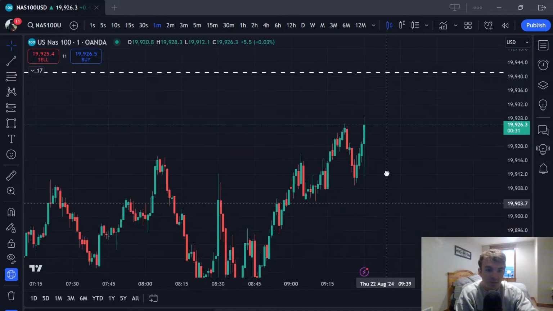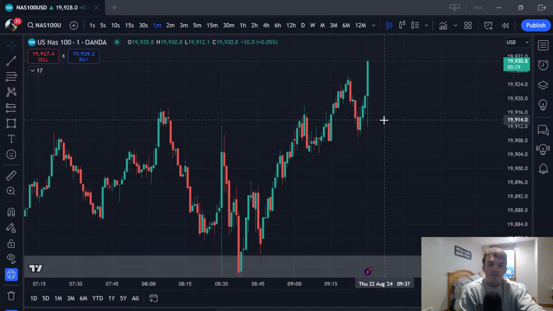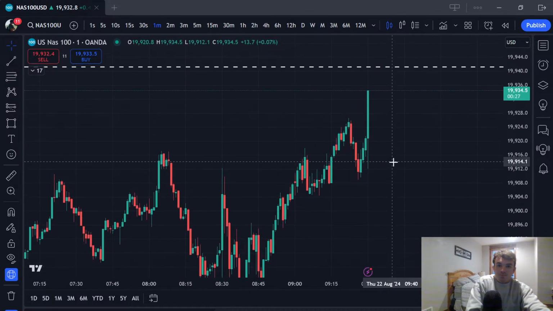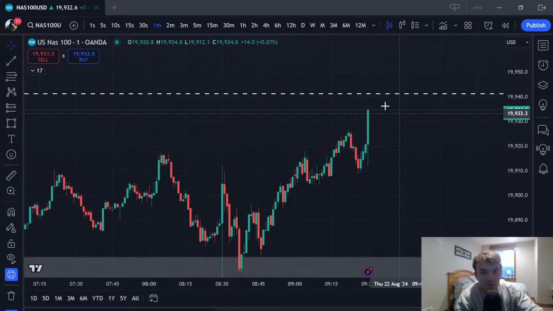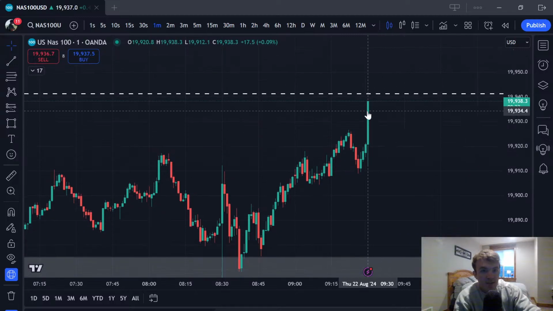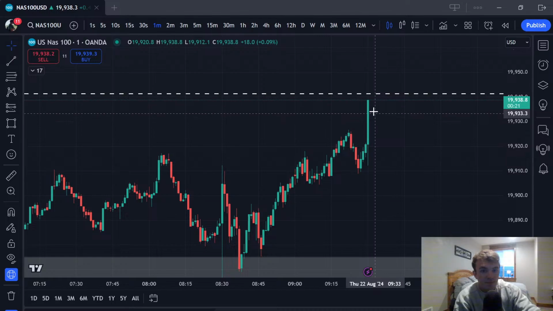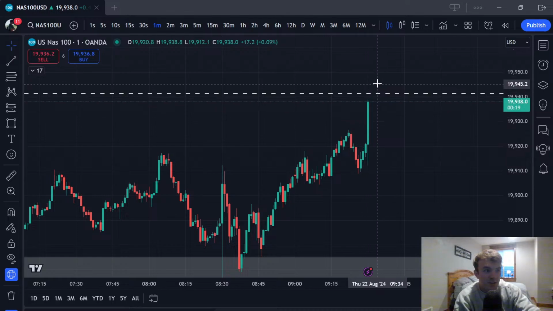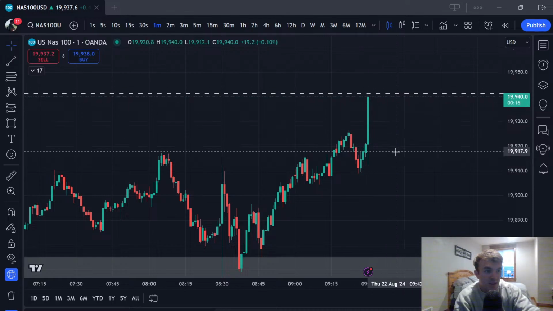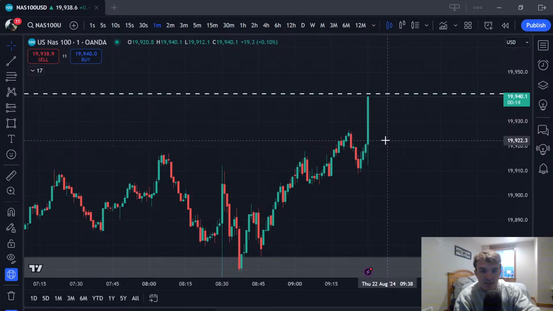Market just opened. And we're going straight for the strong liquidity. So if we take out this drawn liquidity and then inverse back down, this would be an excellent trade right here.